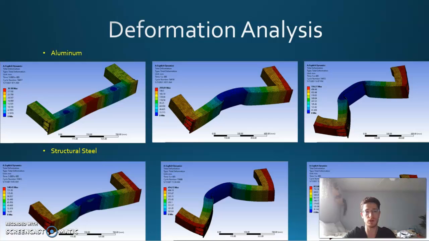One thing that is important to know is that those deformations are larger than they would be in real life, mainly because in this scenario all the impact is aimed at the bar itself, so you won't have the bumper or anything in front of the bar, or all the rest of the car behind it, that would also help absorb that impact. So this is an exaggerated deformation for these bars.